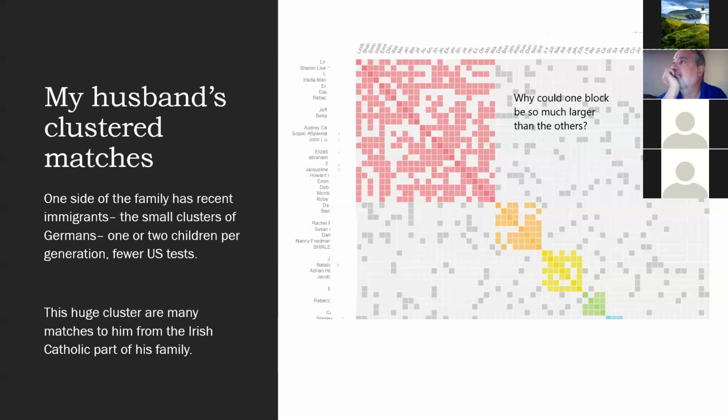Now you might be saying, what about the Germans? You know, this is MyHeritage. There are a lot of Germans who've tested at MyHeritage, and they are showing up in some of the other blocks. But this first block is the Irish Catholic, mostly Americans. For the German side of his family, they have small numbers of children in each generation.